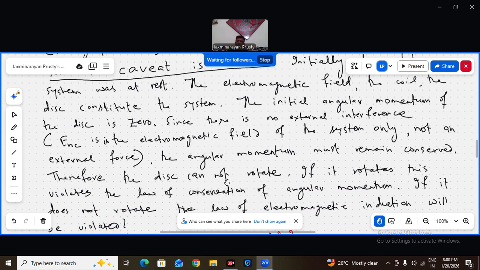Therefore, the disk cannot rotate. Obviously, if angular momentum has to remain conserved, then how can the disk rotate? If it rotates, this violates the law of conservation of angular momentum. It will get some angular velocity and angular momentum, I omega, there. This will violate the law of conservation of angular momentum, because without external torque, angular momentum is changing.